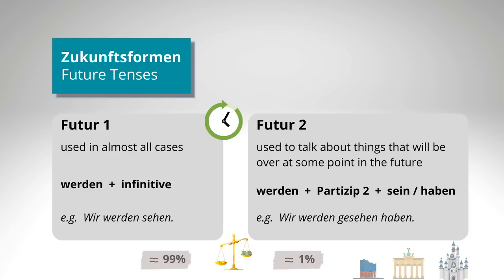Here we have the conjugated version of the verb werden, to become, in this case wir werden, we become. The Partizip 2 of sehen, to see, which is gesehen, seen. And then haben, the infinitive of haben, to have. Wir werden gesehen haben. Good.